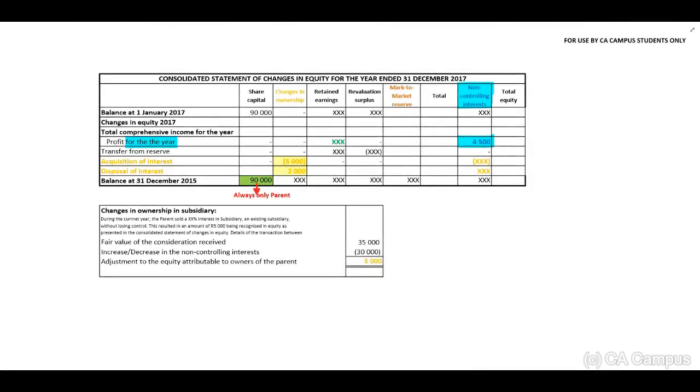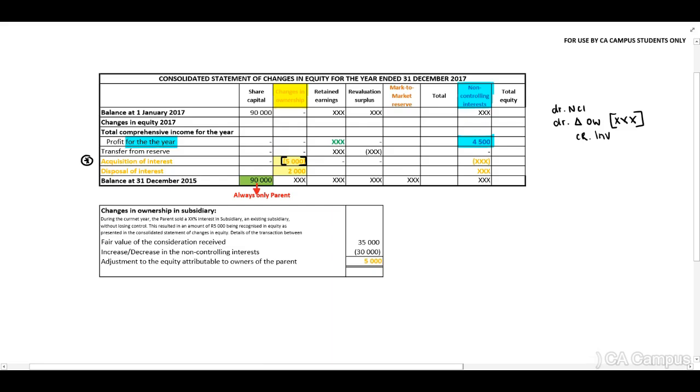In your statement of changes in equity, you need to include a column for change in ownership, and you will identify that we have a line item, acquisition of interest. And guys, brackets. Why brackets? Our journal entry was to debit our NCI, to debit our change in ownership, and to credit our investment. Remember, if we debit an equity account, this is a decrease.